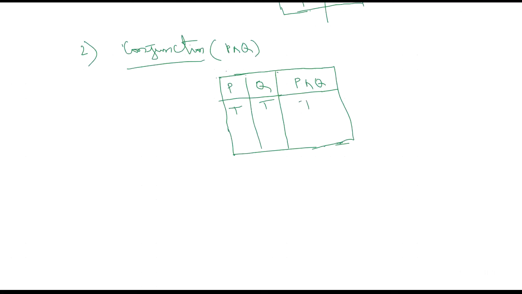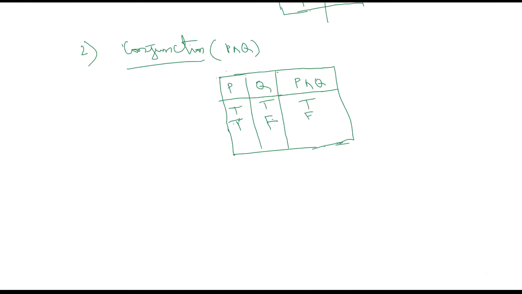Suppose P is true, Q is false, P and Q is also false.